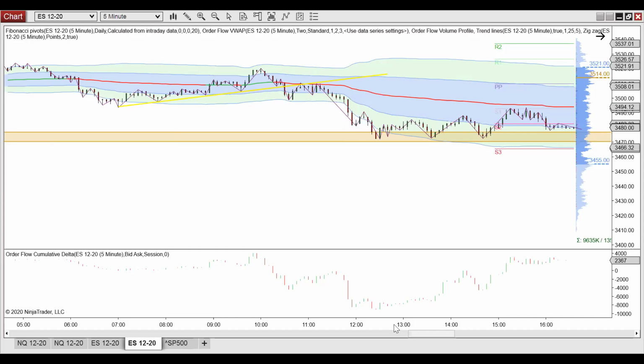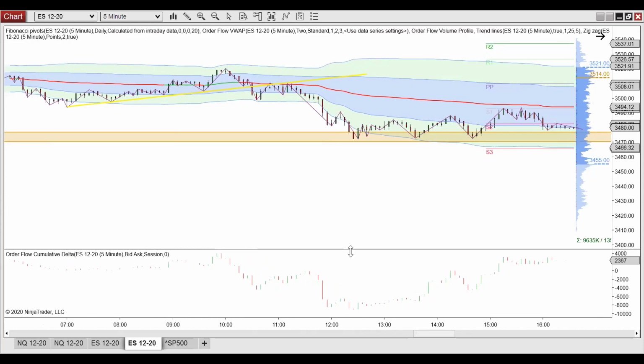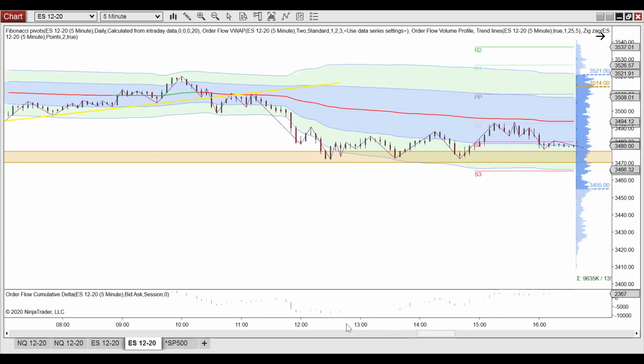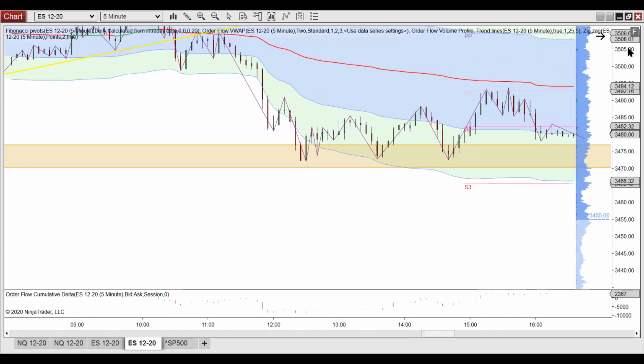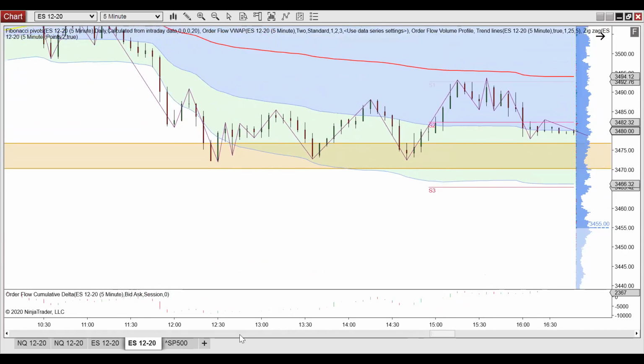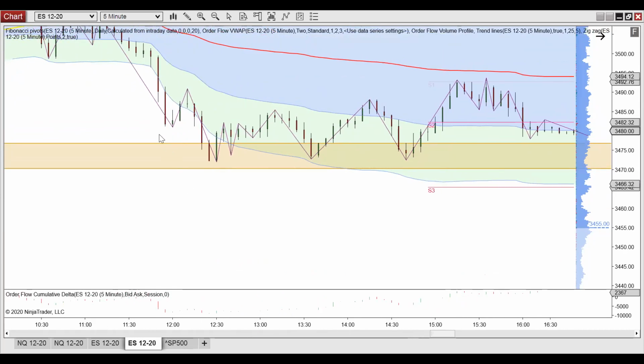Okay, when you get the doji, I don't know why I have cumulative delta there. When I get the doji here, or whatever, I think that's a Harami candle, you could actually exit there. I would be exiting. I'm not going to wait to go higher here and then go to the next high.